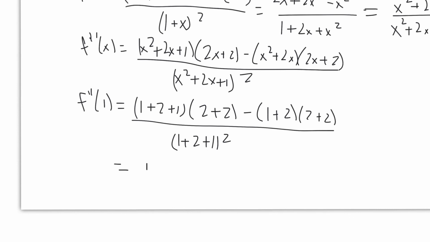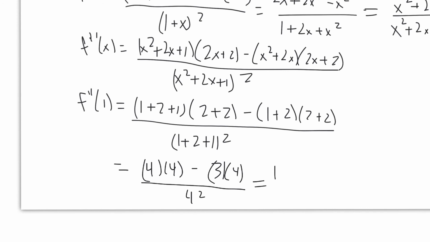So that'll be 4 times 4 minus 3 times 4 over 4 squared. So we're getting there. This is going to be 16 minus 12 over 16. So 4 over 16, which is 1 over 4.